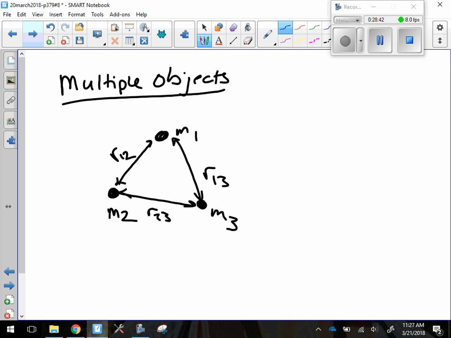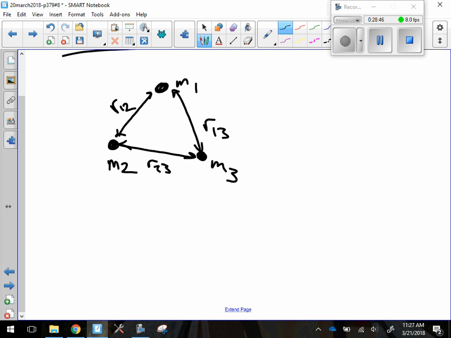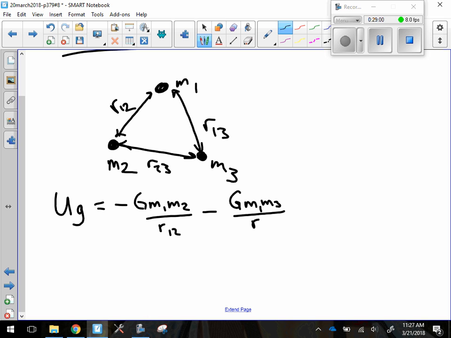And I want to find the potential energy of the system. I add them up in pairs. So my U_G is going to be negative G M1 M2 over R12 minus G M1 M3 over R13 minus G M2 M3 over R23.